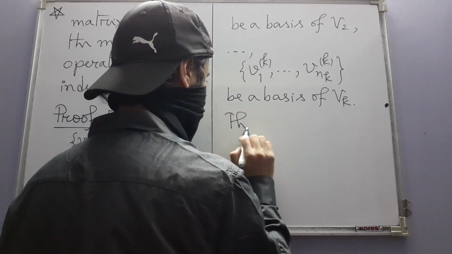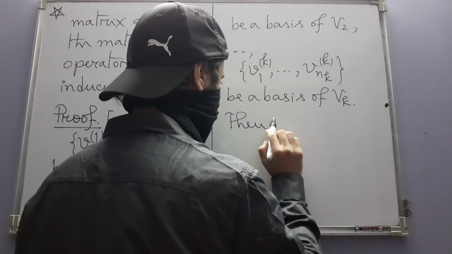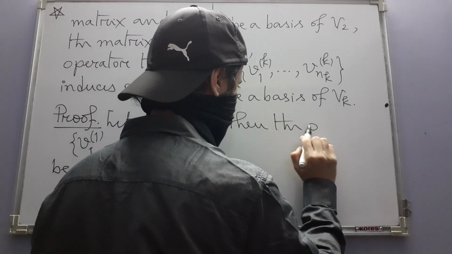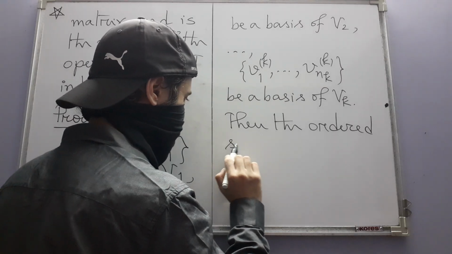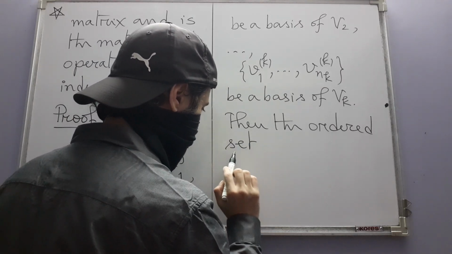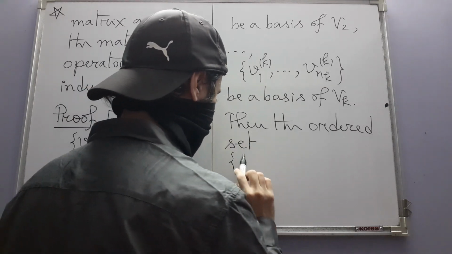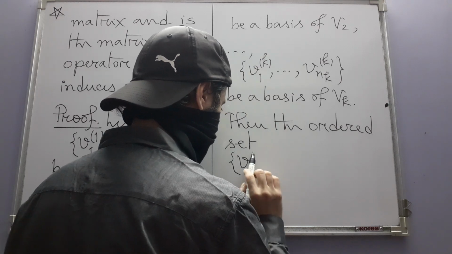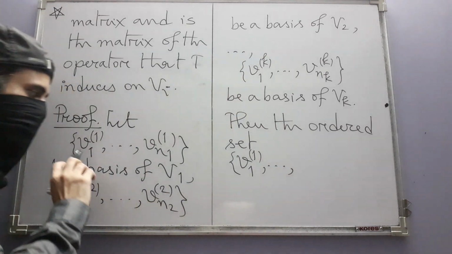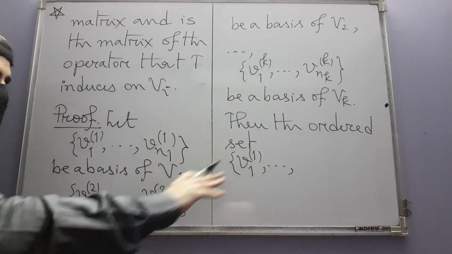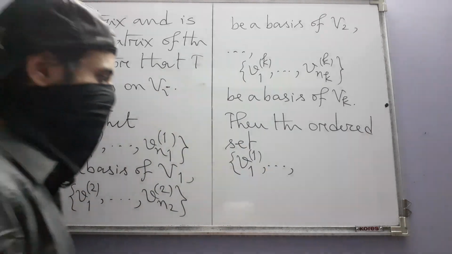Then the ordered set, which will take some space, is where we just write all the vectors that we encounter here in the order in which they are originally appearing: v_1^1 up to v_{n1}^1, then v_1^2 up to v_{n2}^2, and so on up to v_1^k through v_{nk}^k.